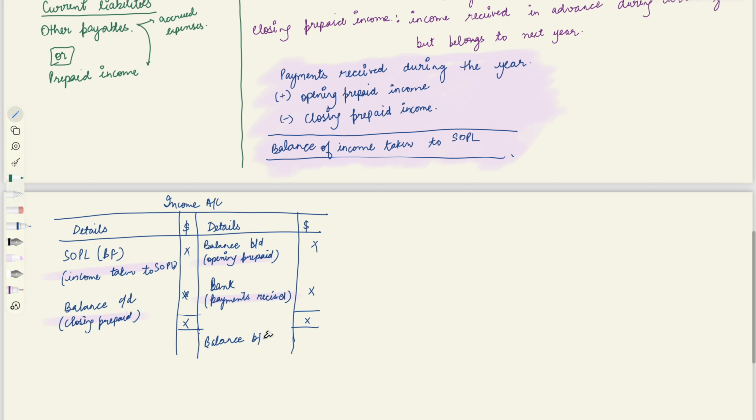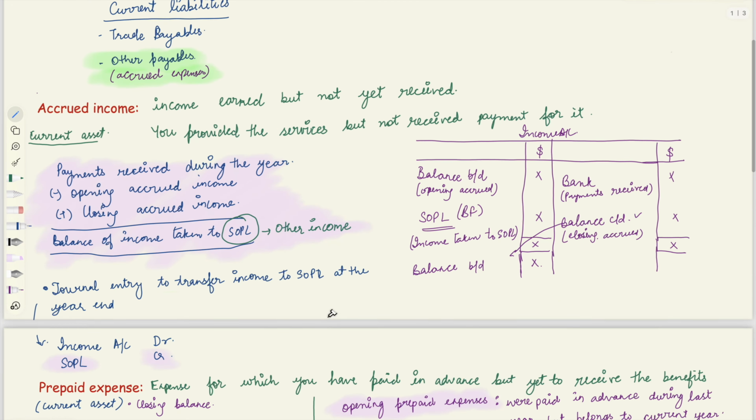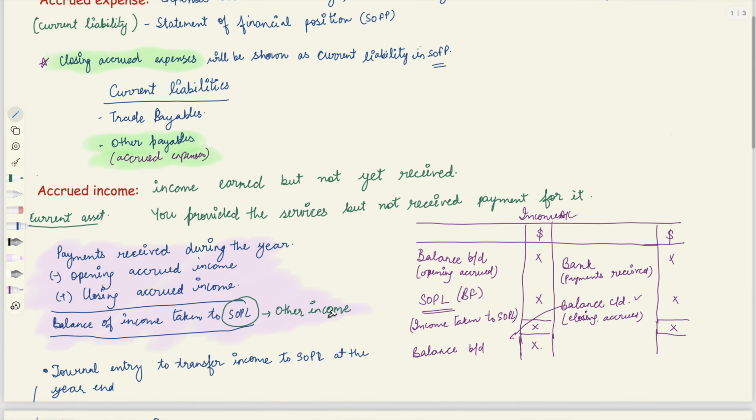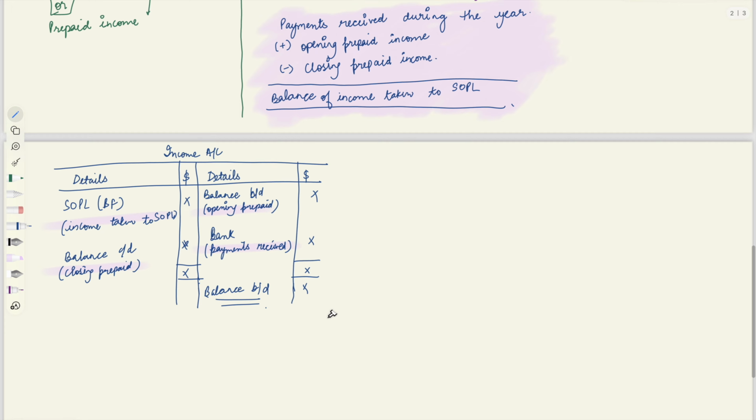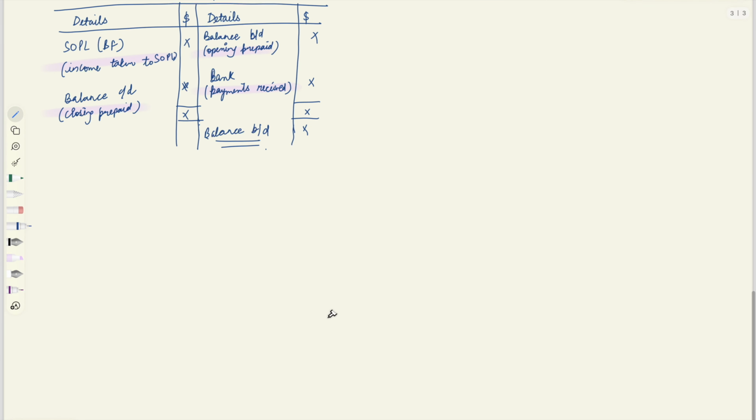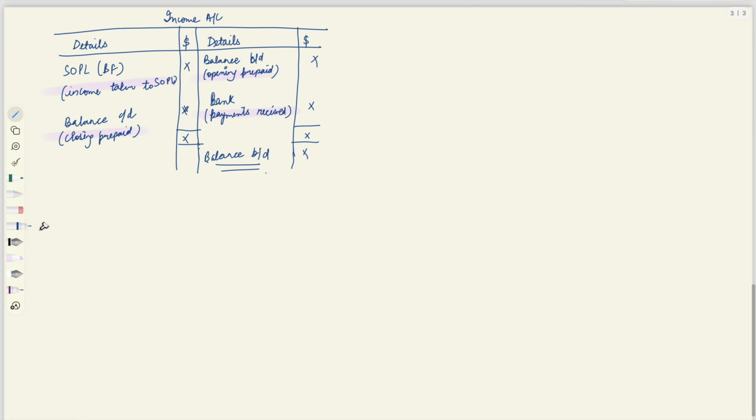Okay, this is how you prepare a ledger account in case of prepaid incomes. Okay, now we're done with individually for all the balances. Next thing is that we need to learn how to do them when they are all given together at once. Okay, so let's see that as well.